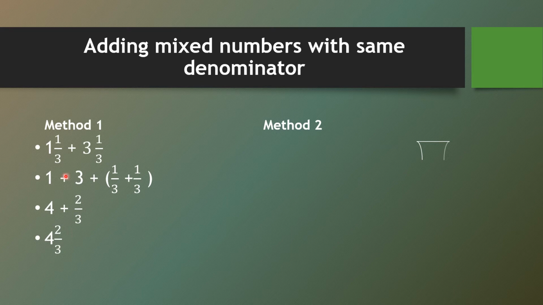Now we will solve the same question by method 2. So this is the same question, 1 and 1 by 3 plus 3 and 1 by 3. Now what we will do, at first in this method 2, we will convert these mixed numbers in improper. I have already told you how to convert mixed numbers into improper.